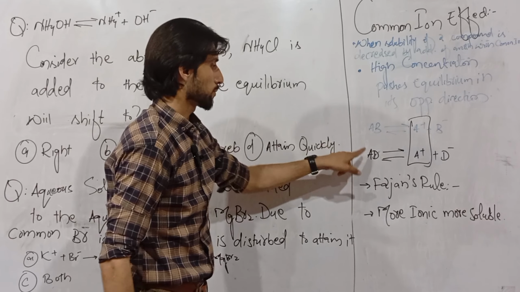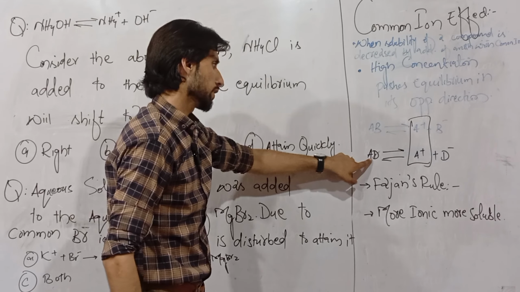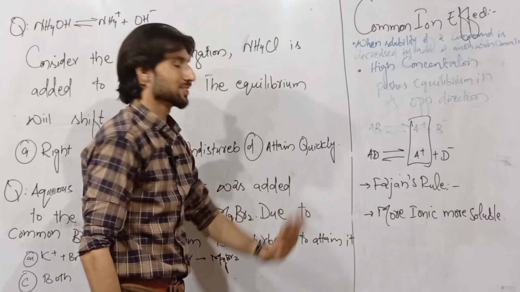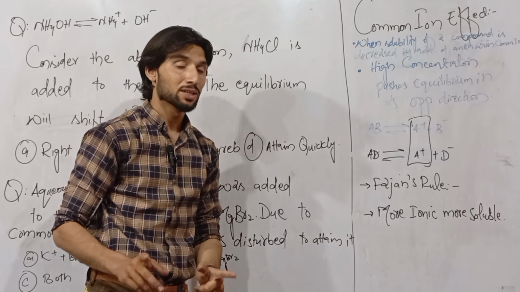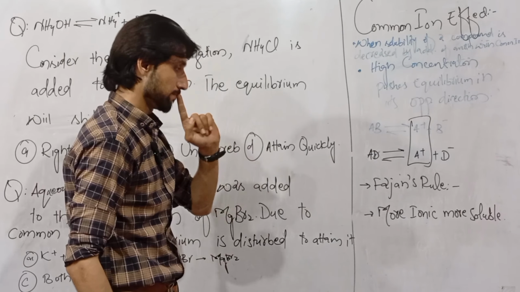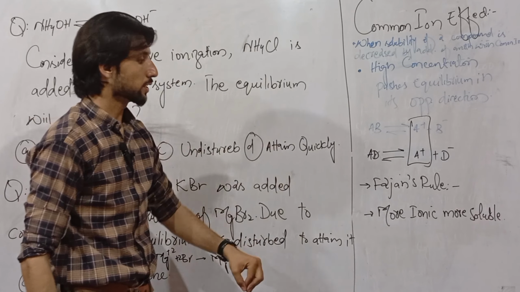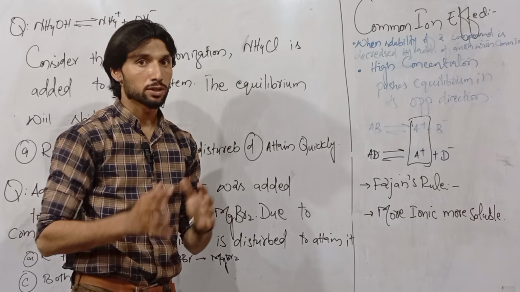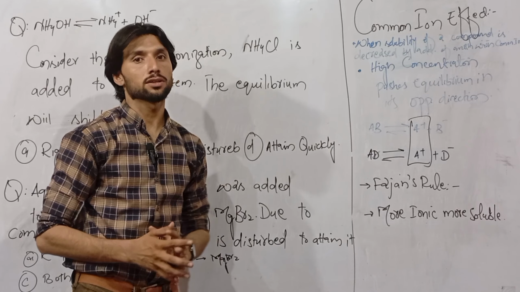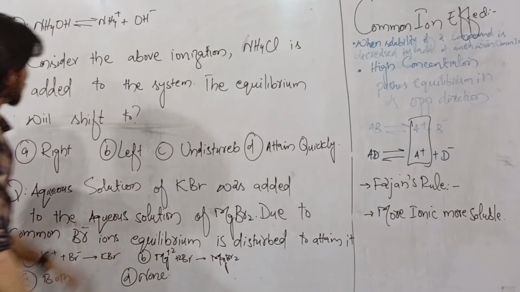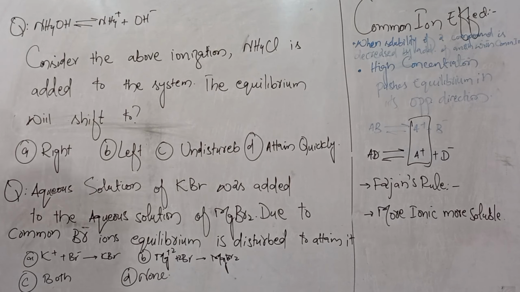So we will have the formation of either AD or AB. That depends upon Fajan's rules. Which one is more soluble? The salt that is more ionic will be more soluble. So that salt which is more ionic will remain in the solution, and that salt which is more covalent will precipitate down.